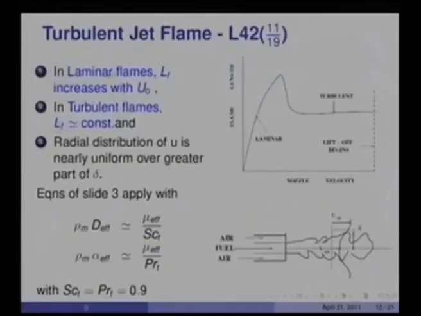Now, turning to turbulent jet flame, let us look at what happens to flame length with increasing velocity. Experimentally it was documented for the first time by a scientist called Hawthorne, and he showed that in laminar flames the flame length increases almost linearly with nozzle velocity, as we have shown on the previous slide.